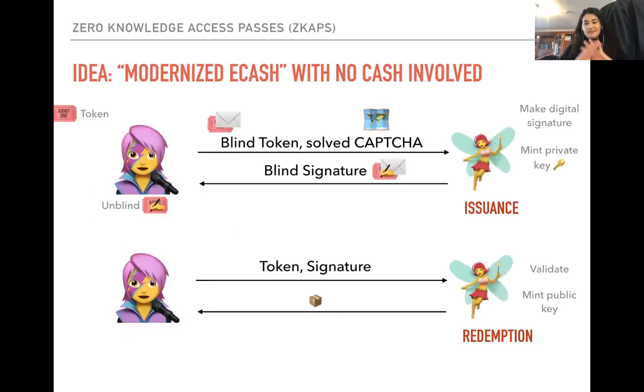Just to give you the general idea for eCache, so you have this token here, we blind it, we send it with the solved CAPTCHA to the fairy, because we want to have some service from the fairy, which is a magical package. The fairy then signs it in a blind way, and we can unblind it and then later send this to the fairy in the redemption phase to get our magical service.